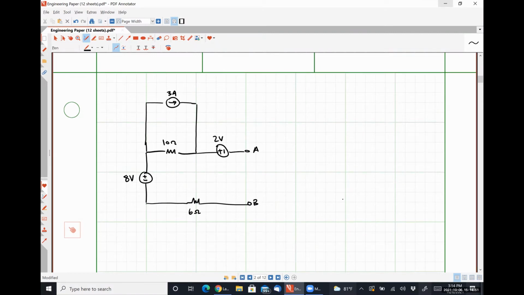So how do I determine the Norton current? What do I do to this network? Short circuit the terminals, right? The Norton current by definition is the current flowing through these short circuited terminals. So I draw a wire, and then this current is going to be my Norton current.